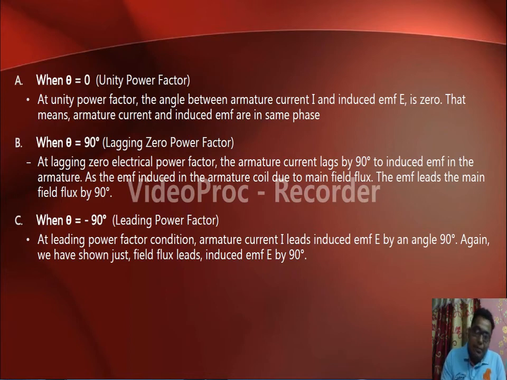When it is a lagging power factor, the armature current is lagging behind the armature voltage by an angle of 90 degree, correct. And the last one is theta equal to minus 90 degree, that means the leading power factor, the reverse case of the lagging power factor. That means now the armature current is leading the armature voltage by an angle of 90 degree. So this is the perspective depending upon the load.